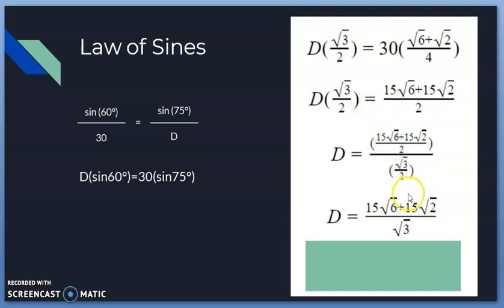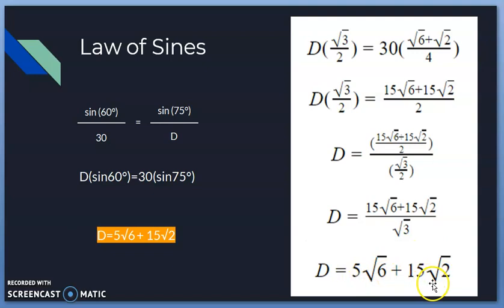This simplifies down to D equals 15 root 6 plus 15 root 2 over root 3. And if we simplify that even further, we get 5 root 6 plus 15 root 2. So this is the length of side D in its exact value. You could find its decimal form, but we're not doing that in this case.